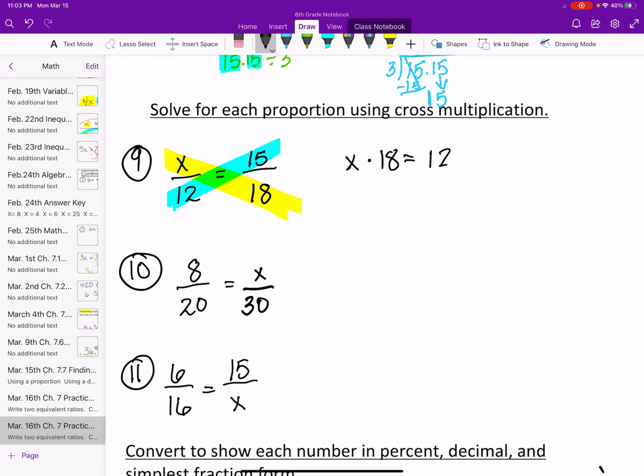I'm not going to let you use calculators for this. I will keep the numbers reasonable enough that you can work them out just fine. Okay, so I have 18 times x, or 18x, is going to equal 180. That's 12 times 15 is 180. You might have to work that out on the side, and you can totally do that.